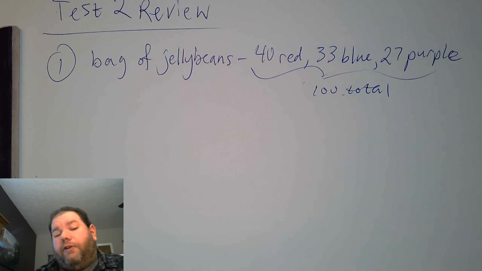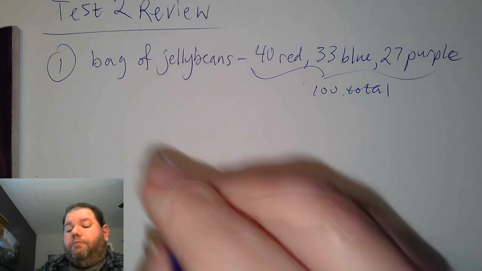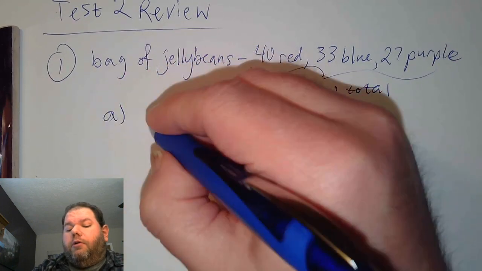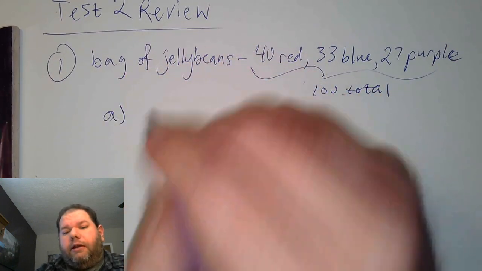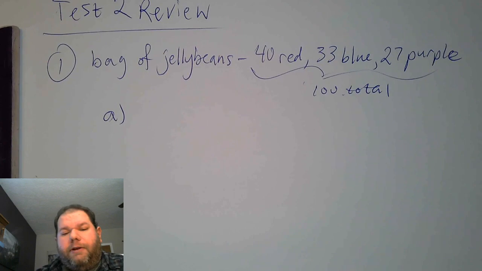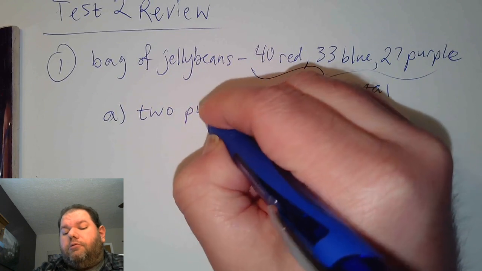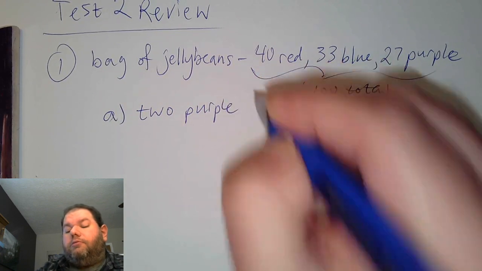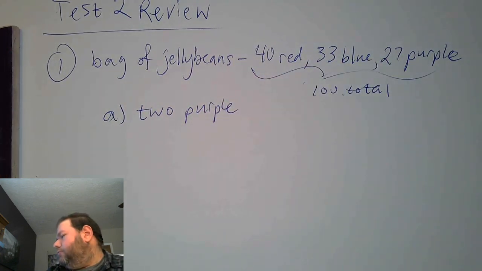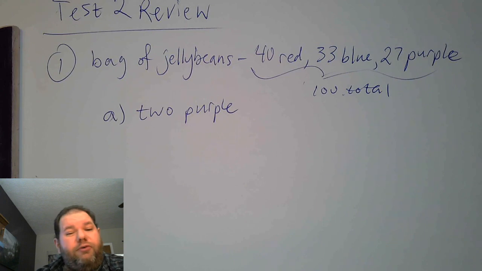Okay, so question 1A was the probability that we pick 2 jelly beans without replacement and we select 2 that are purple. Well, this is a conditional probability, but we don't use the formula.